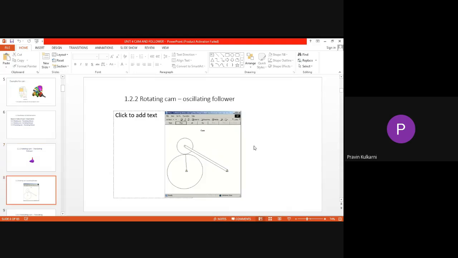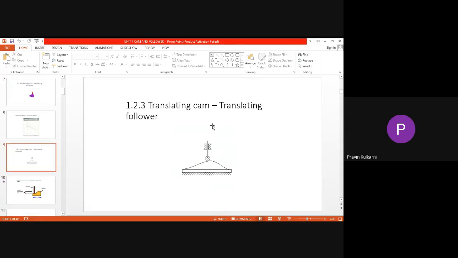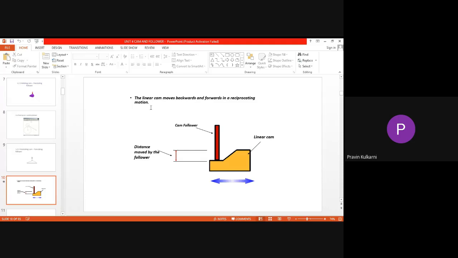All these animations we have seen, isn't it? So this is a linear cam which moves backwards and forward in a reciprocating motion. This we have seen. Lift is defined as the distance traveled by the follower from its minimum position.